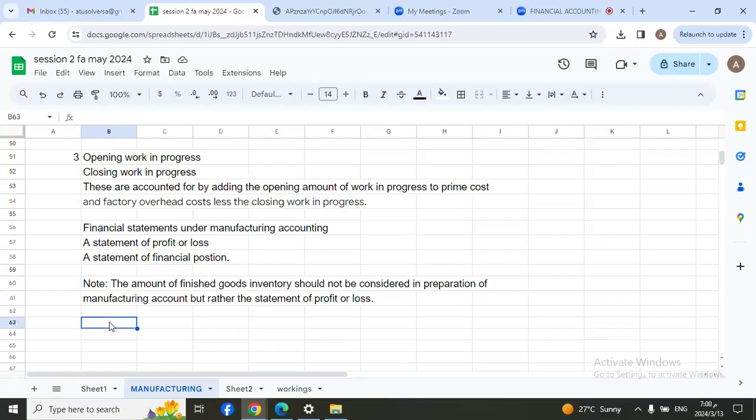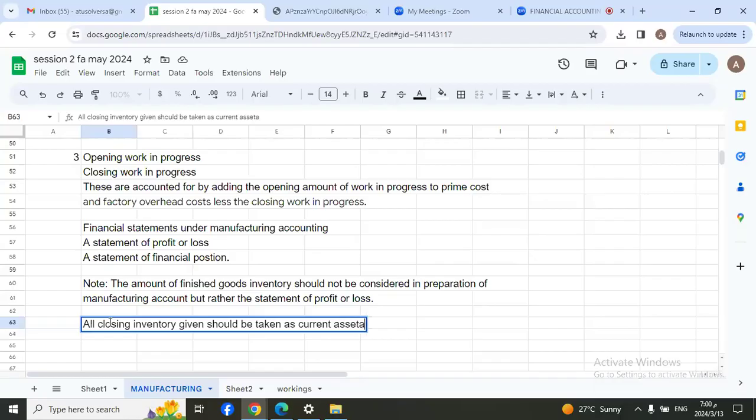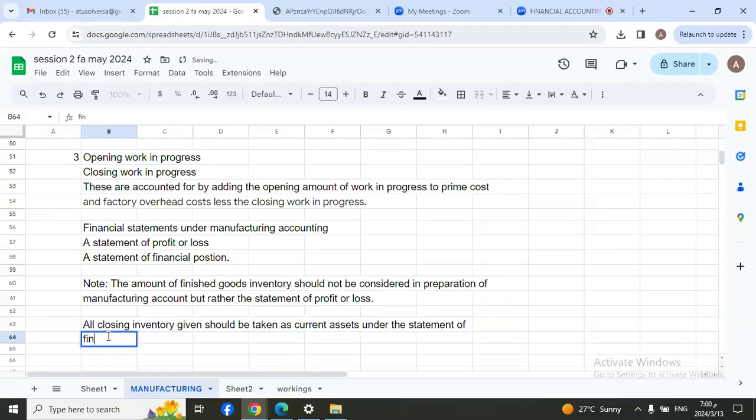So still under our note, we shall write: all closing inventory given should be taken as current assets under the statement of financial position.